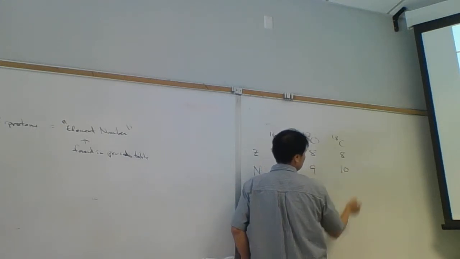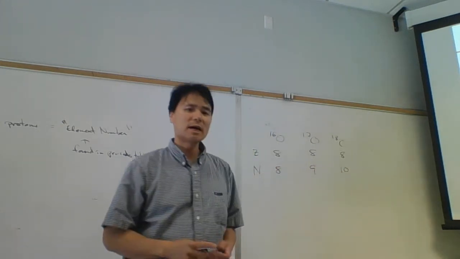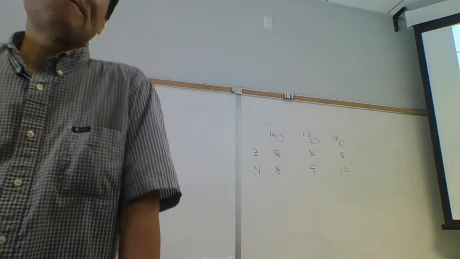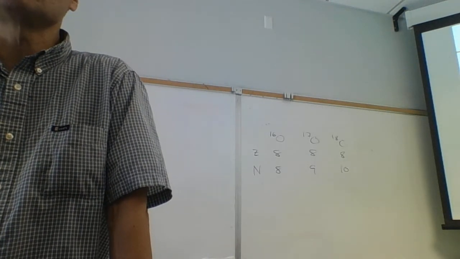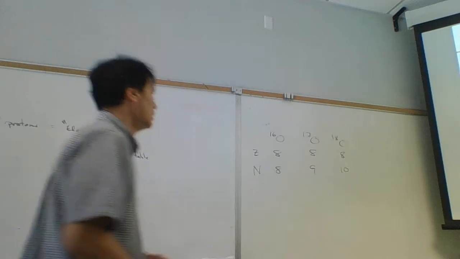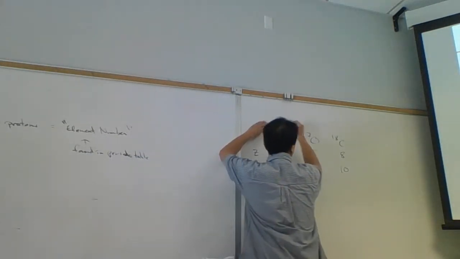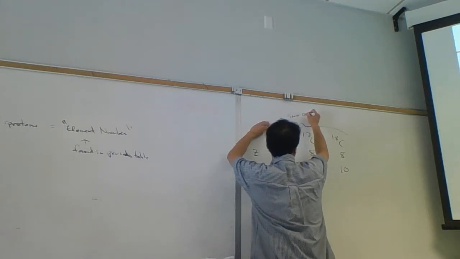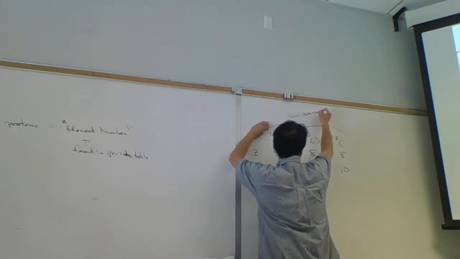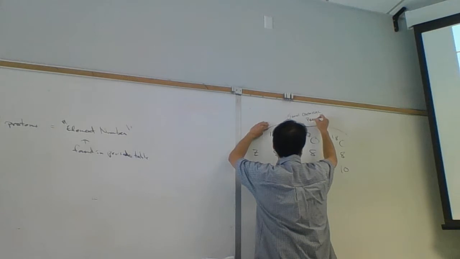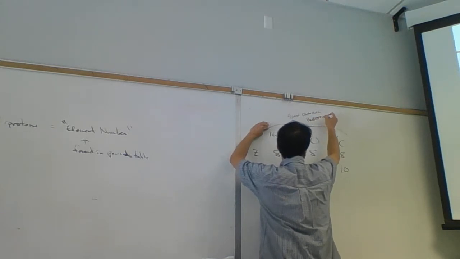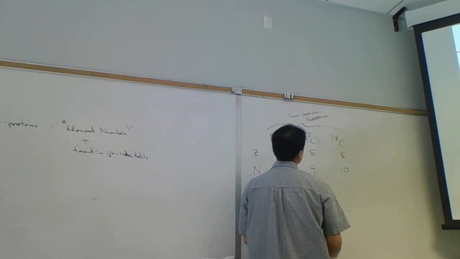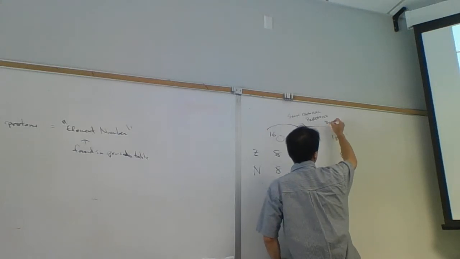Oxygen 18 has 10 neutrons. And so just because it has an extra 1 or 2 neutrons doesn't impact it chemically. The chemical properties are the same. Same chemical properties, same taste. However, their densities are different, and therefore their physical properties are different. So same chemical properties, different physical.